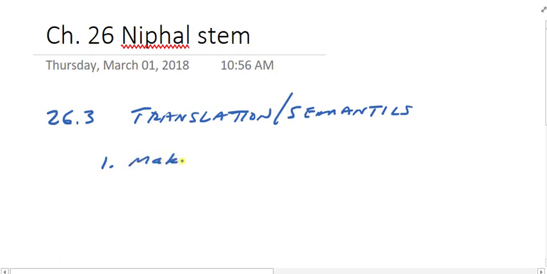The most frequent way or meaning of using a verb in the Nifal stem is to make the meaning of the Qal passive. If a verb has a meaning in the Qal that's active and transitive, that is to say, if I can take a direct object with it, then I could see it used in the Nifal with passive semantics.